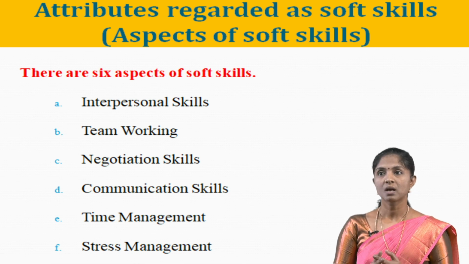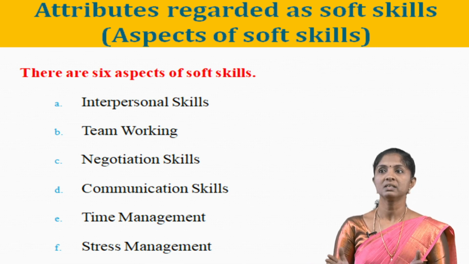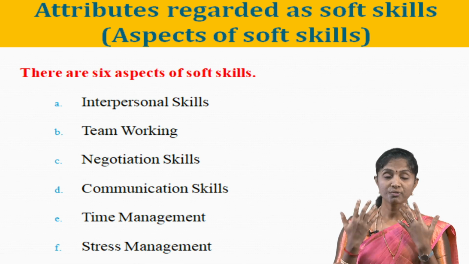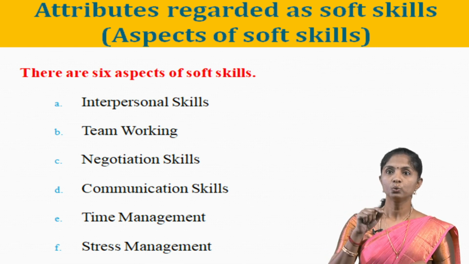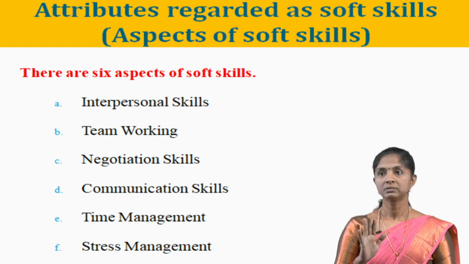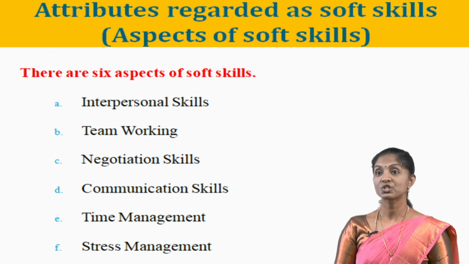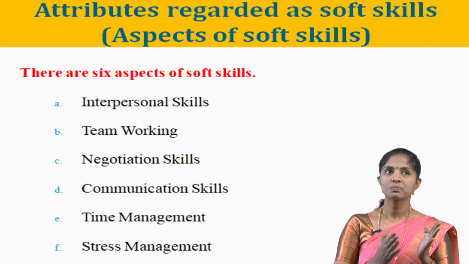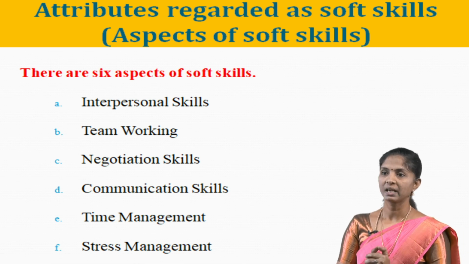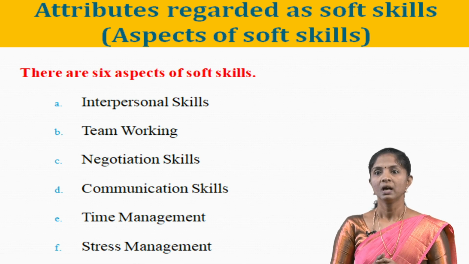All persons are very busy in various fields and have different types of responsibilities, but they do everything successfully in time. So, time management is very important. Stress management: you must overcome stress and keep your physical health and mental stability in good shape.